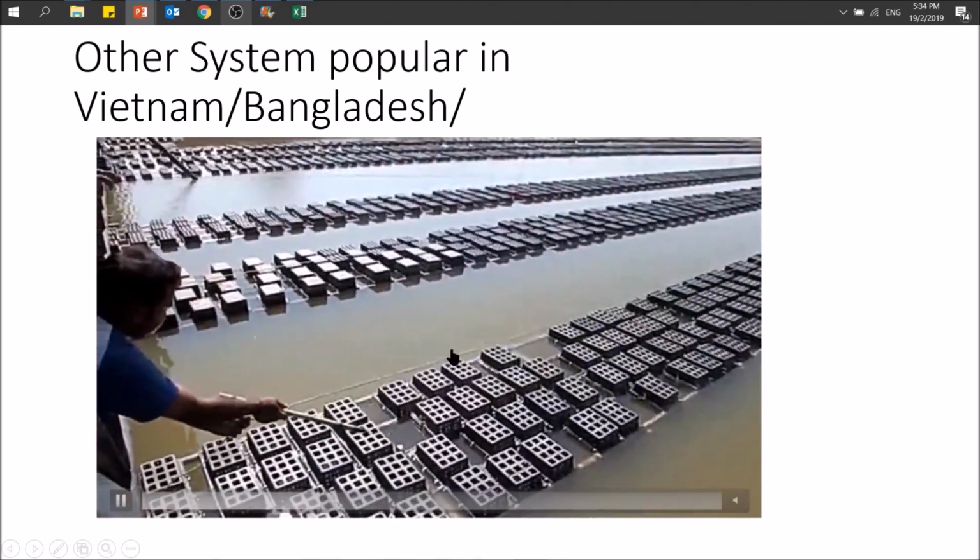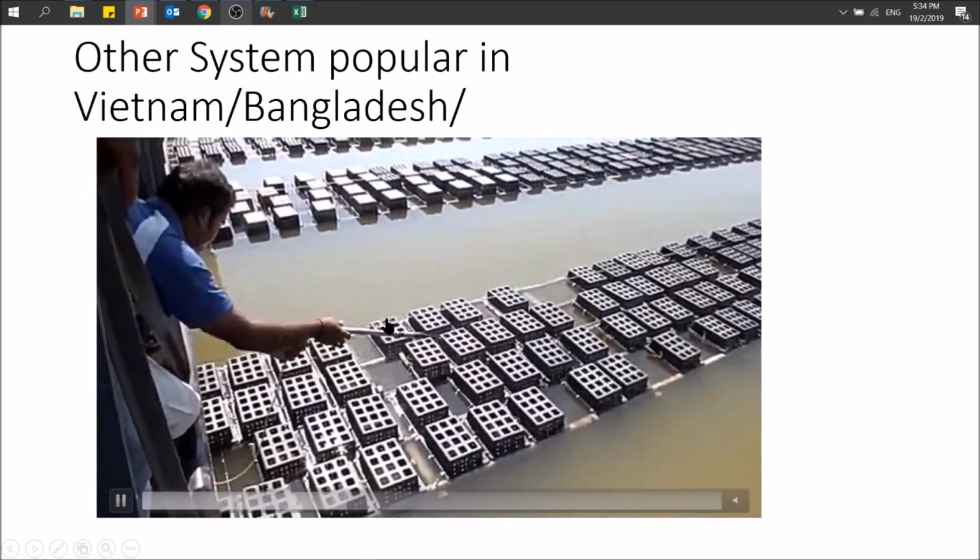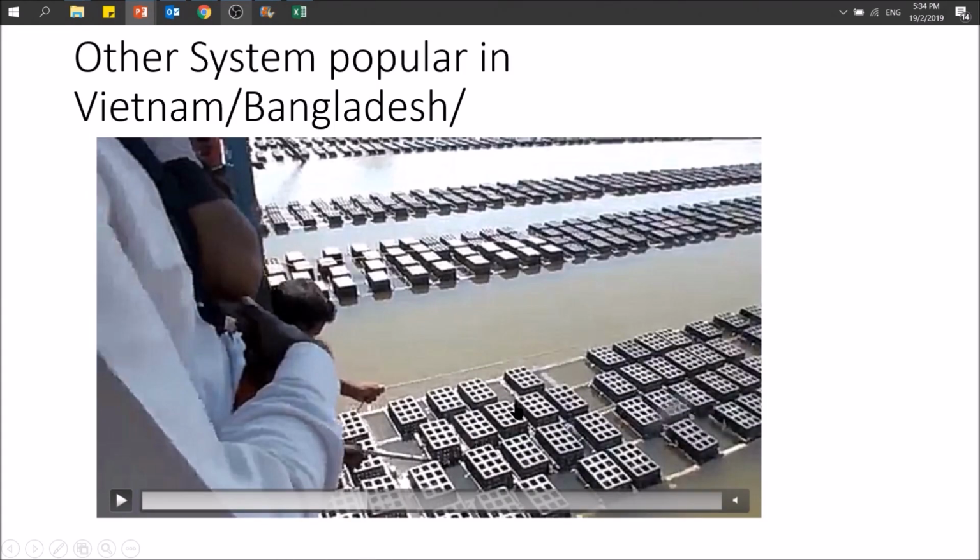The only difference is that you have to provide individual boxes to prevent them from cannibalizing each other. Each individual box holds one crab, and they are monitored throughout the day. They move the boxes around by pulling a mechanism that pushes and pulls the boxes.